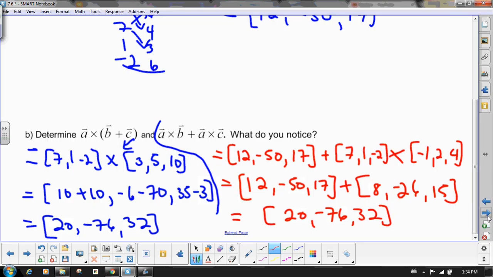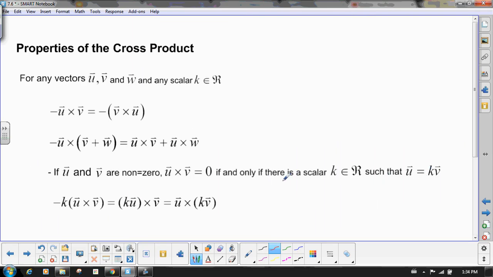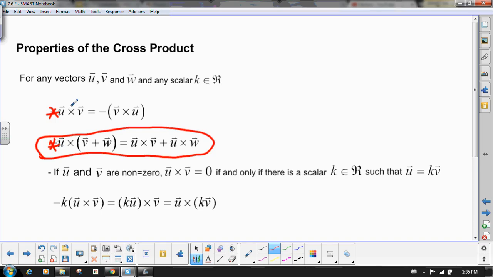Because this here, when we look at our properties of cross product, is this property right here. Okay, now this thing here, it's not a negative, it's a star, like a bullet point. So what they say, if you have two vectors u and v and even w and some scalar k, these things will always apply.